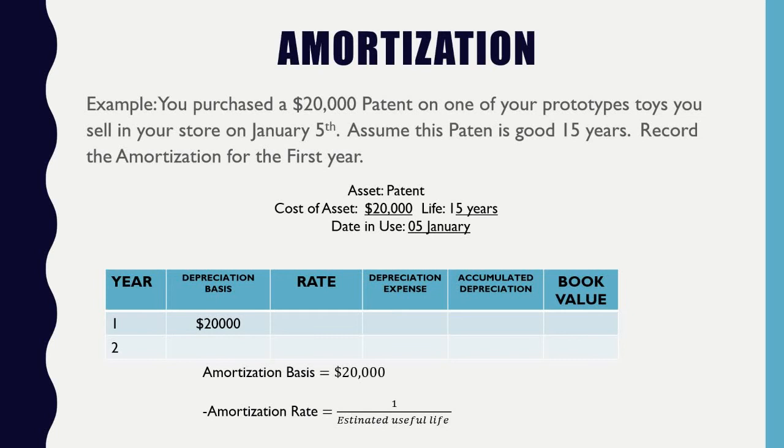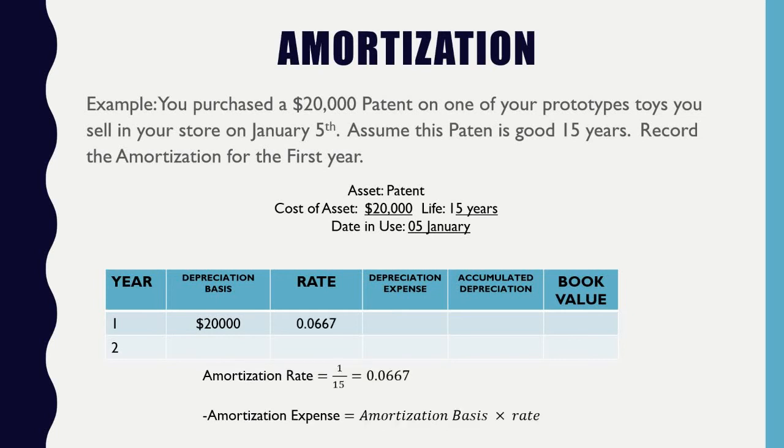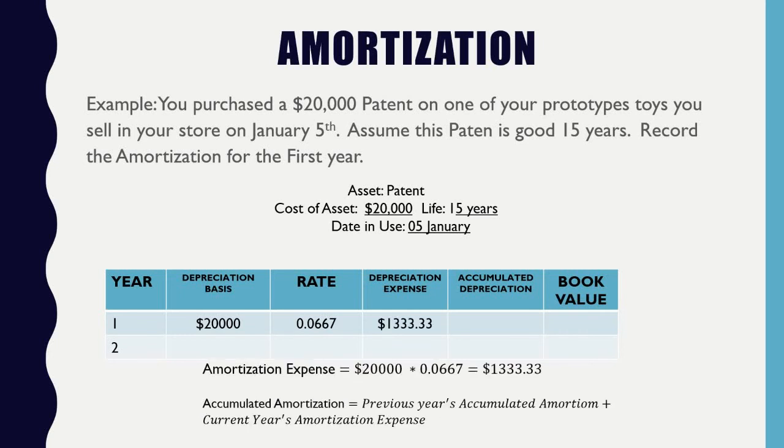So there you go. 1 over 15 years is going to give you 0.06666. Right? So then we need to solve for the expense, which is going to be your basis times rate, which is the 20,000 times the 0.06666, which will give you $1,333.33.